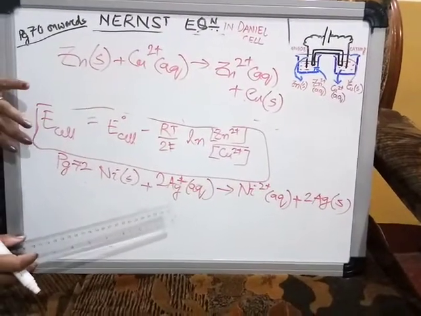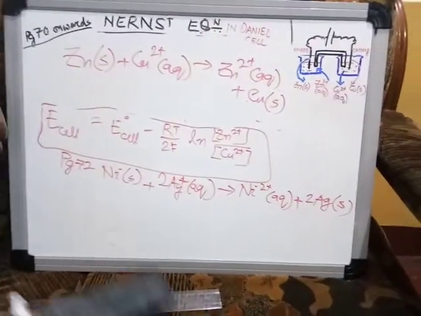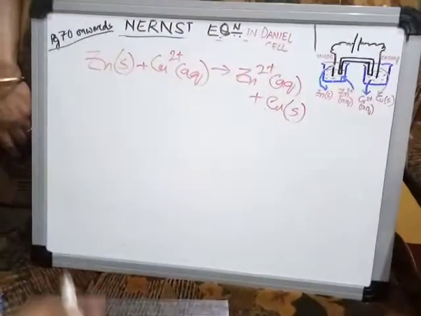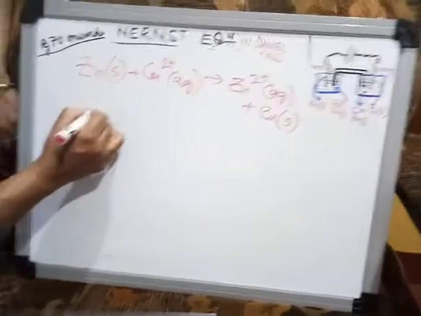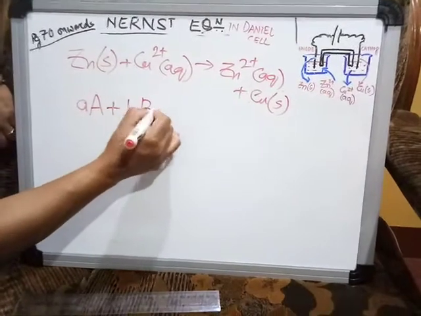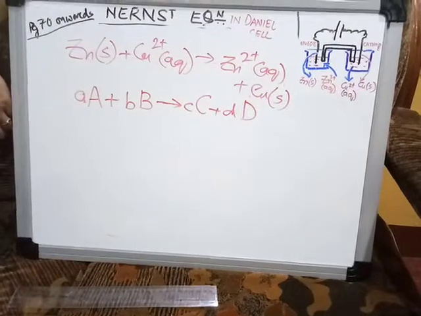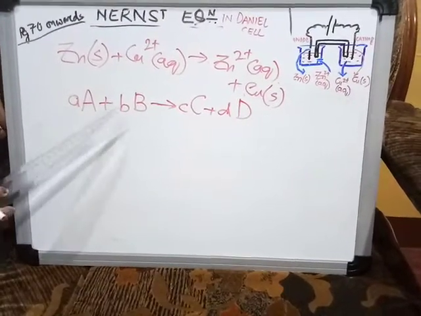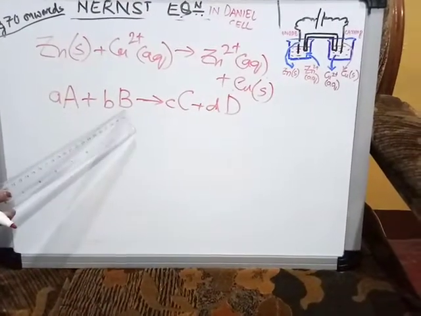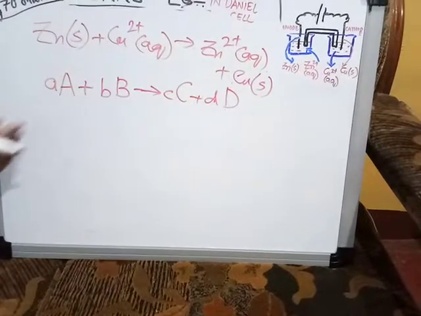So likewise we can think about a particular reaction where we can have a general reaction in this way. This is also done in page 72, you can have a look girls. aA plus bB gives you cC plus dD. This is a general equation where what are these small letters? These are the coefficients after balancing, and these are the species taking part in the reaction and giving you these. So how can we write the Nernst equation for this?